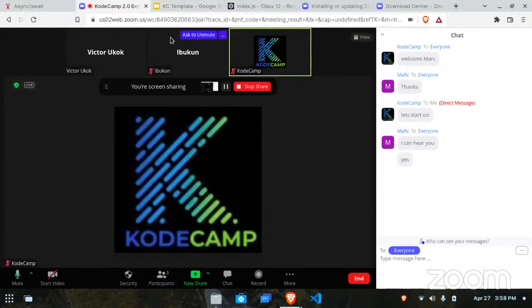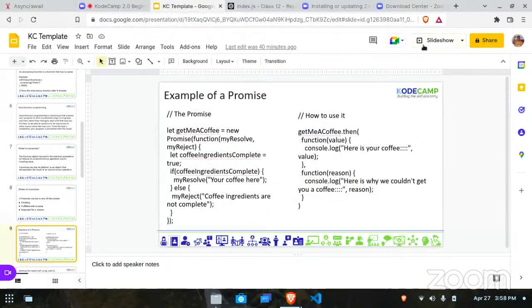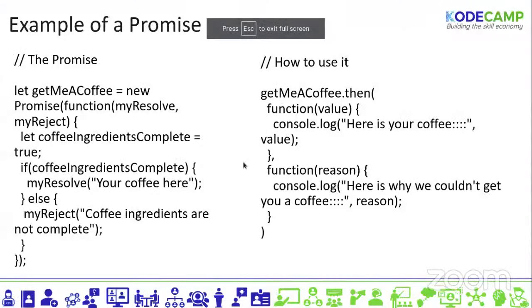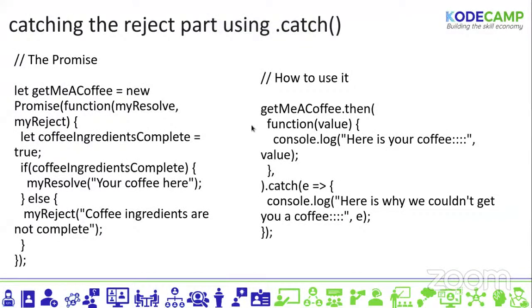Is anybody not following? Okay, nobody has said anything. I just explained how you can catch reject using the dot catch. Of course you can name it whatever you want, but I think a better name to use would be reason, not e.